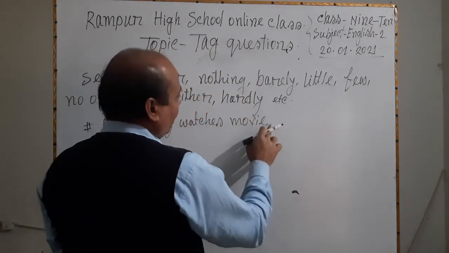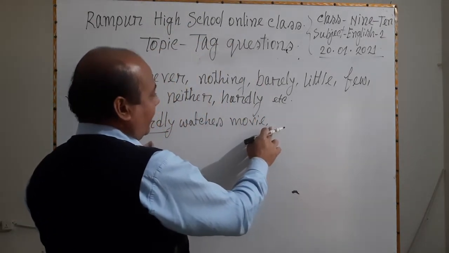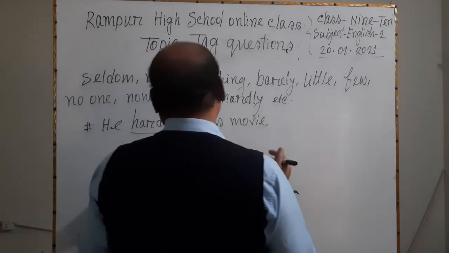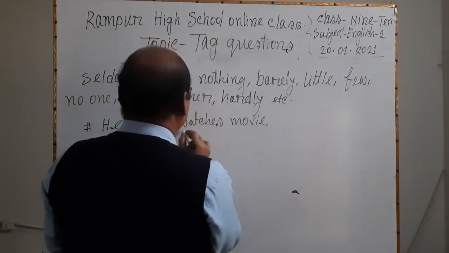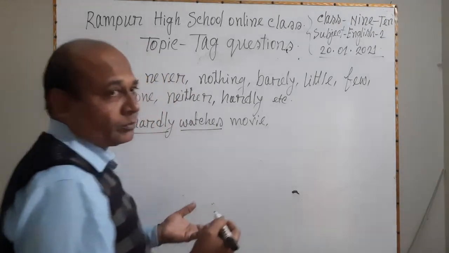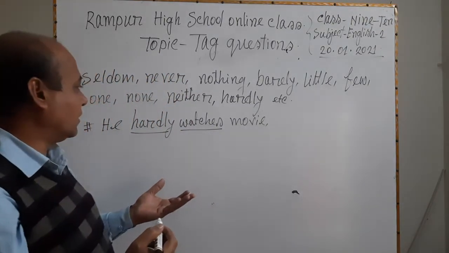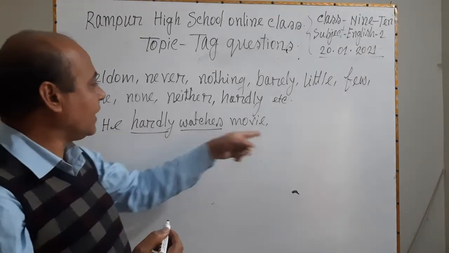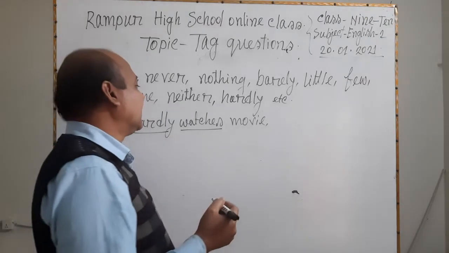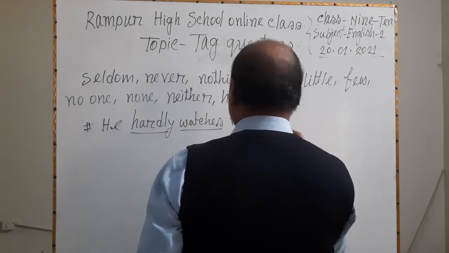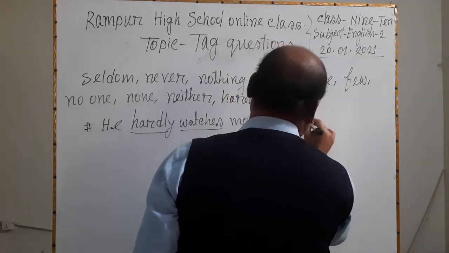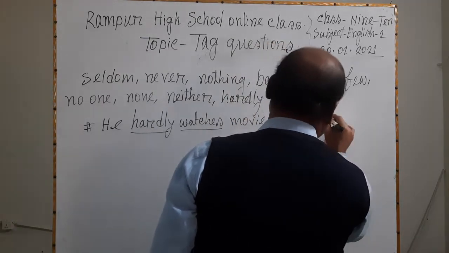So, we will use affirmative in the tag question. That means watches is a principal verb. So, do or does or did will be used in the tag question as an auxiliary verb. Here we will use does, doesn't he.